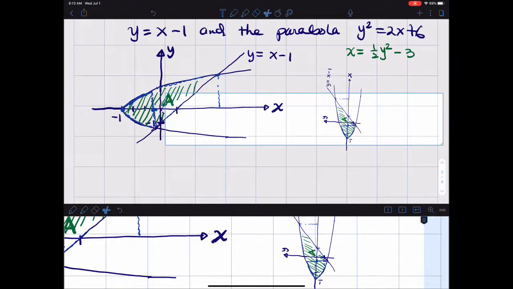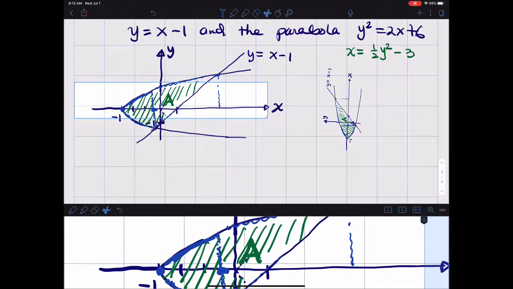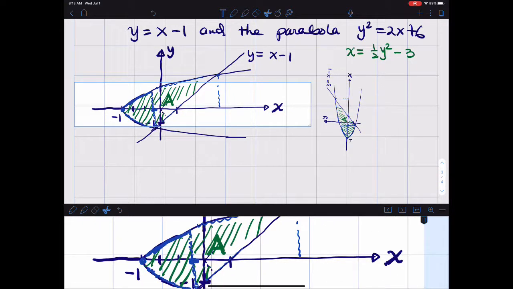So instead of thinking of it as top minus bottom, it's better to think of it as right minus left, because that way we have just one graph, instead of dealing with two graphs.